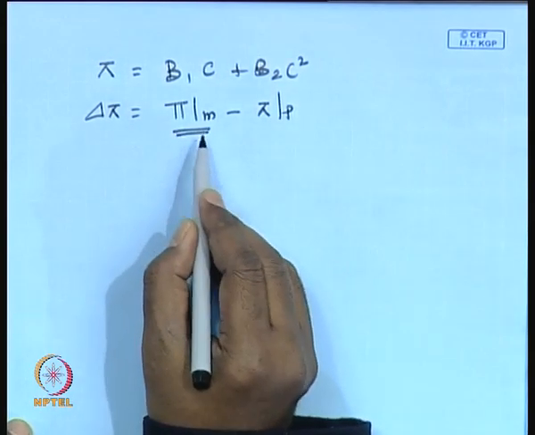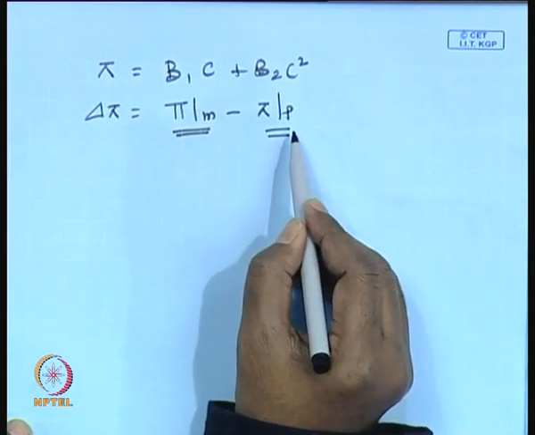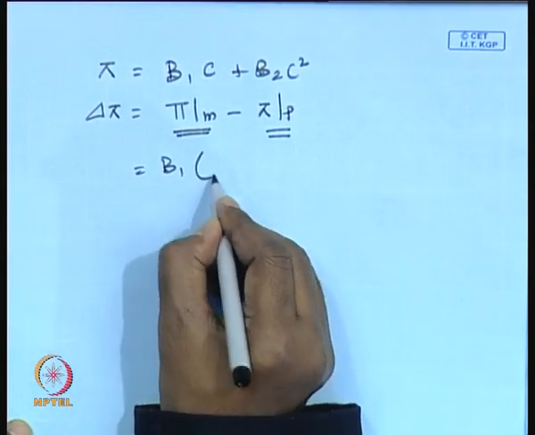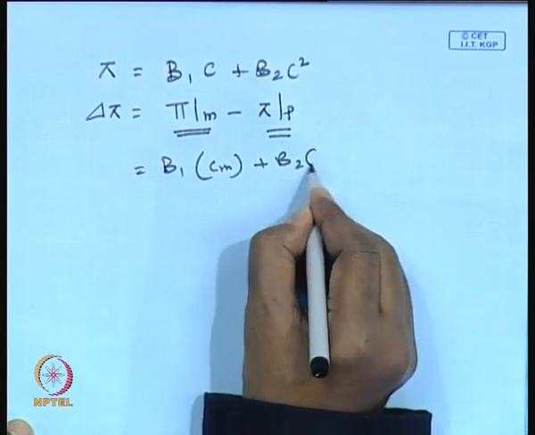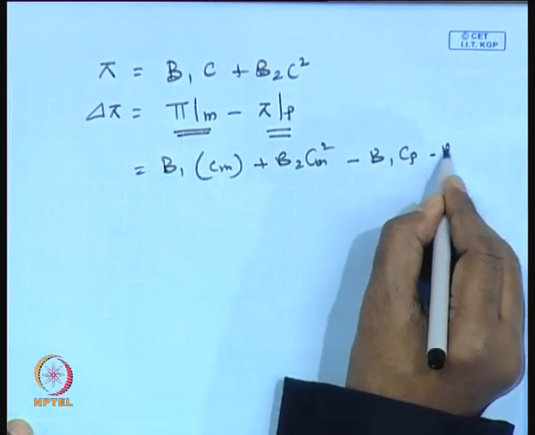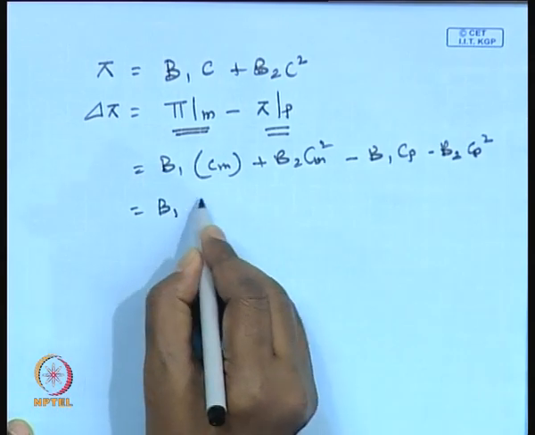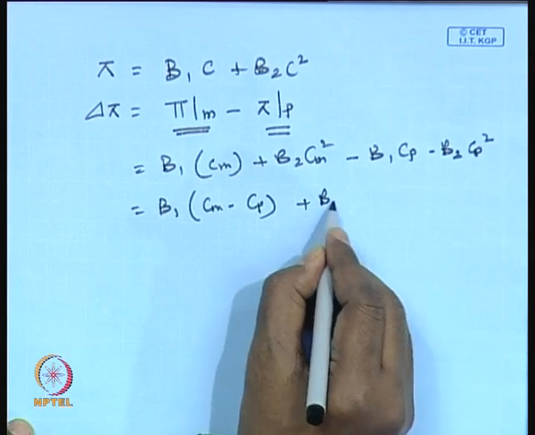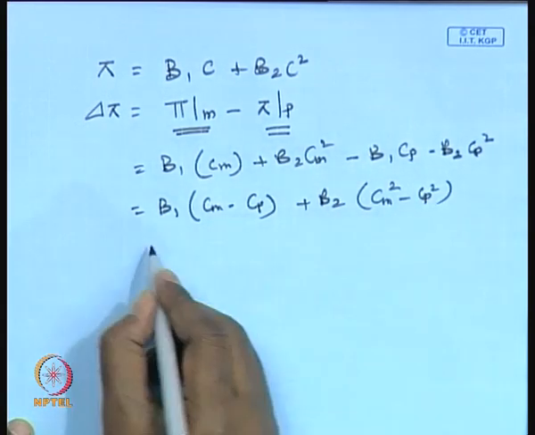Pi at the membrane surface will be function of Cm, pi at the permeate stream will be the function of Cp. So, therefore, this will be B1 Cm plus B2 Cm square minus B1 Cp minus B2 Cp square. So, this becomes B1 times Cm minus Cp plus B2 times Cm square minus Cp square.